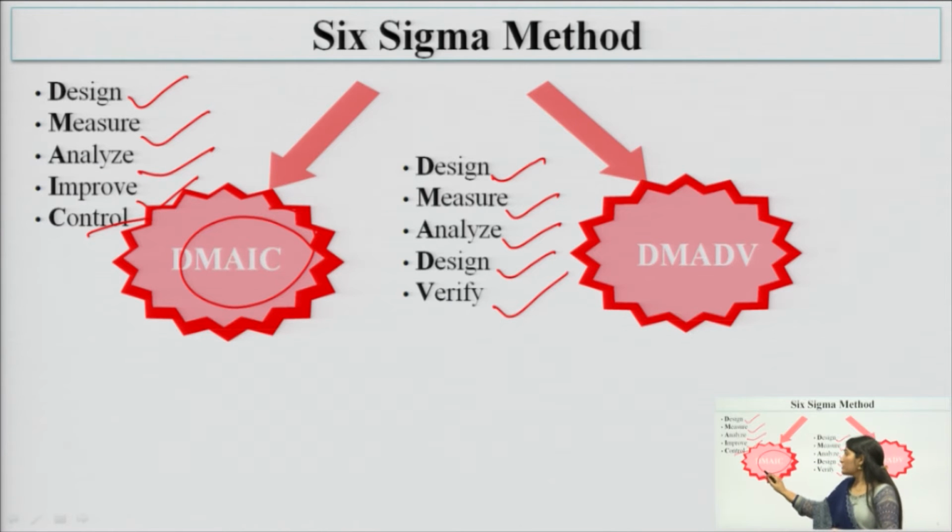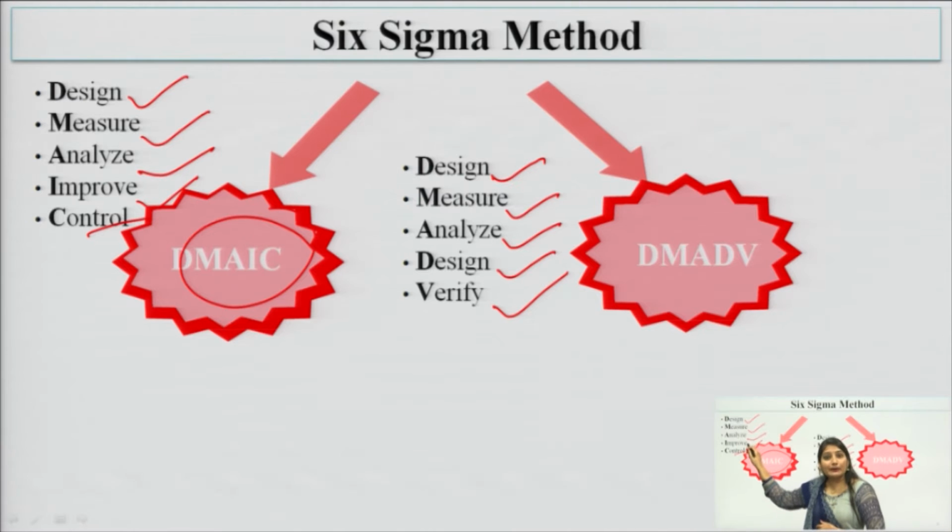In the first step of DMAIC approach, design, we are defining the objective of the goal, we are defining the goal of the project, we are defining the characteristics of the system. Next is measure, in this we are measuring the characteristics of the product, we are measuring the specifications of the product. Next is analyze.